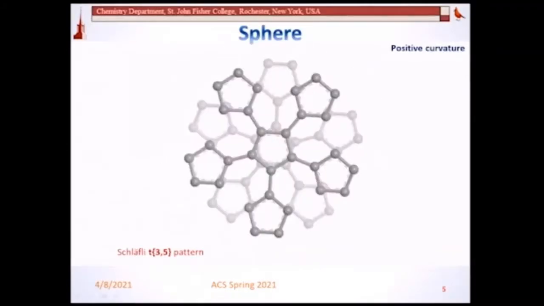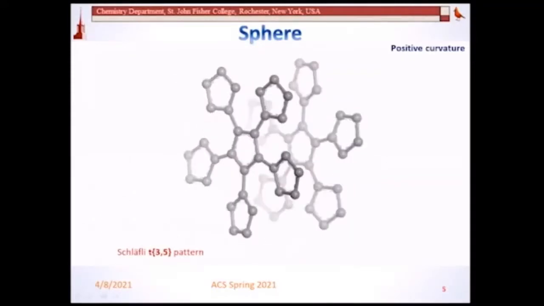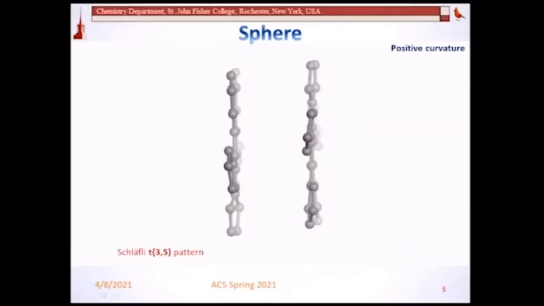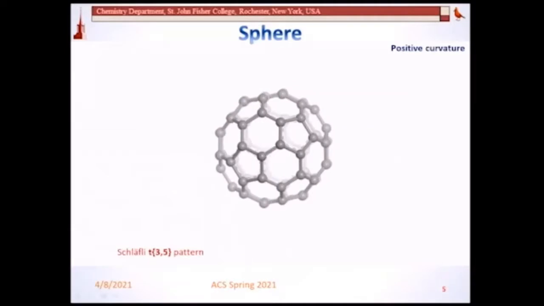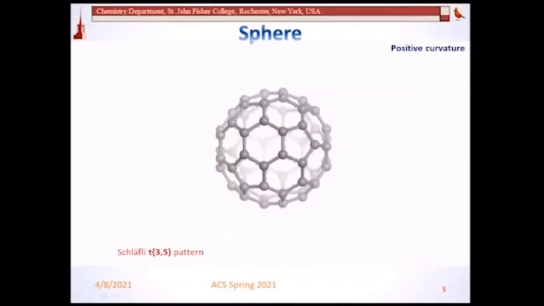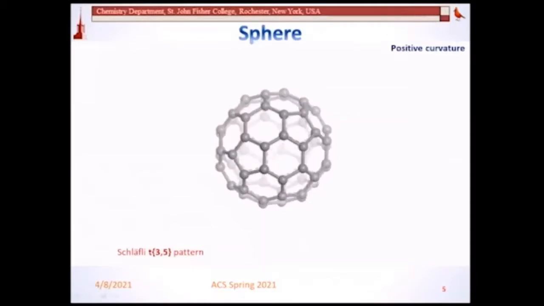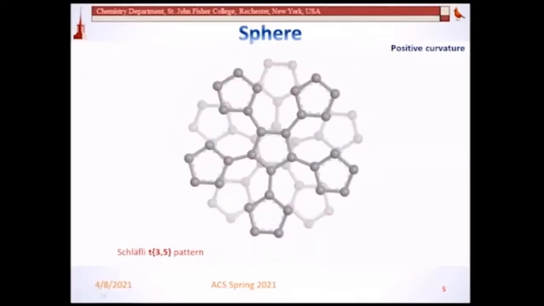So the pentagons create a hexagonal space between them, and that's what makes it curving. There are 12 pentagons in that structure, and that number is actually calculated. It has to be 12. I'm not going to go into details.